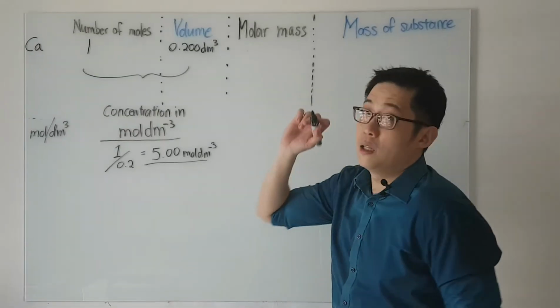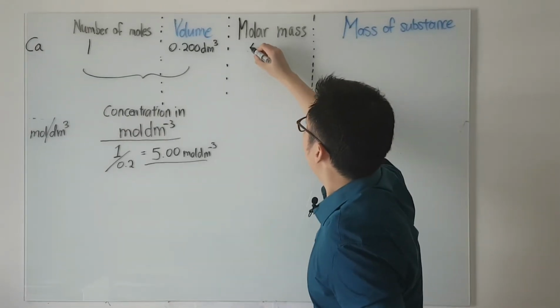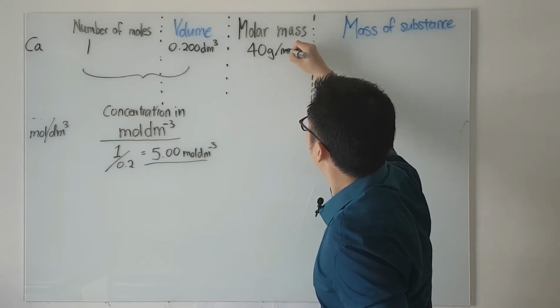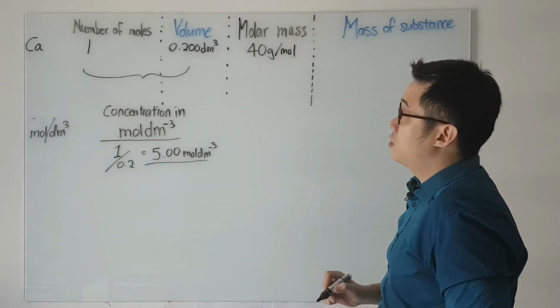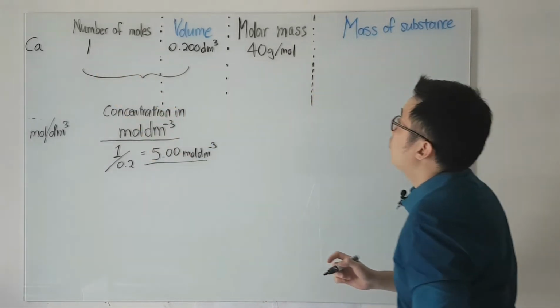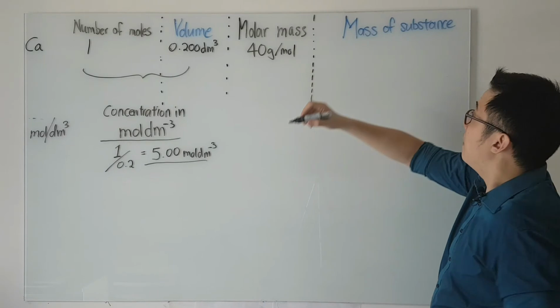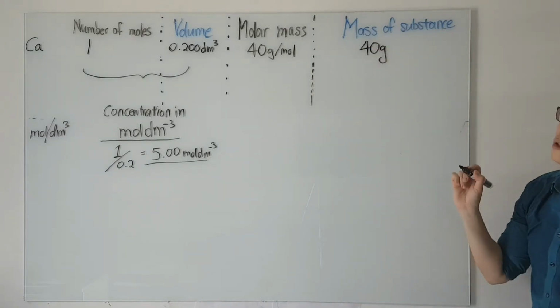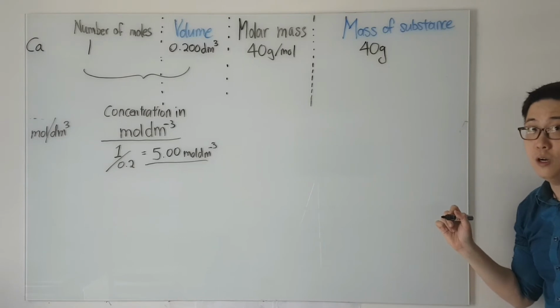Now students, calcium has a molar mass of 40 grams per mole. So if I have 1 mole, that would mean the mass present in 1 mole is 40 grams.